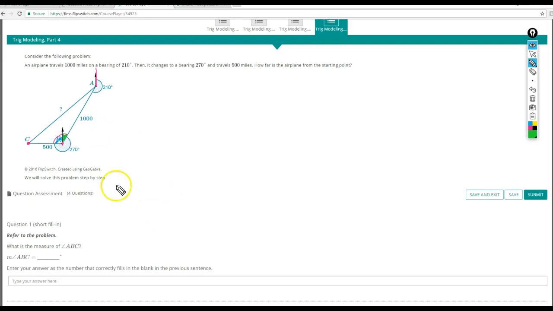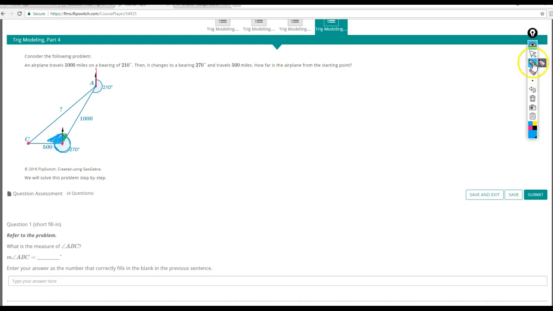So we're going to first find the remaining part from 270 degrees all the way around. So if we made a complete circle, I would be back to the beginning and I would be able to find this section of our angle ABC.